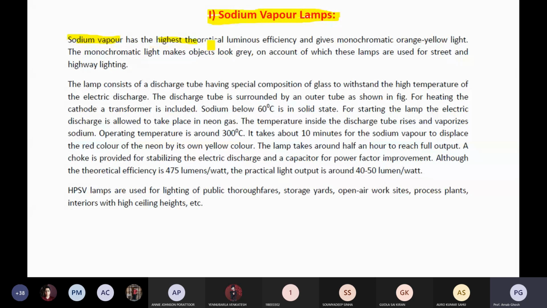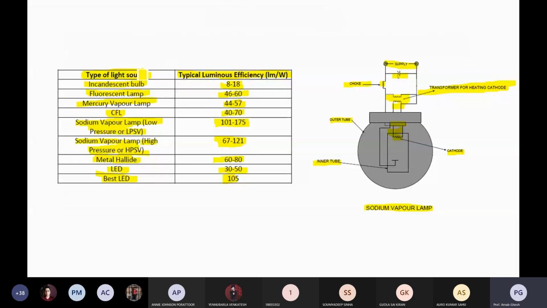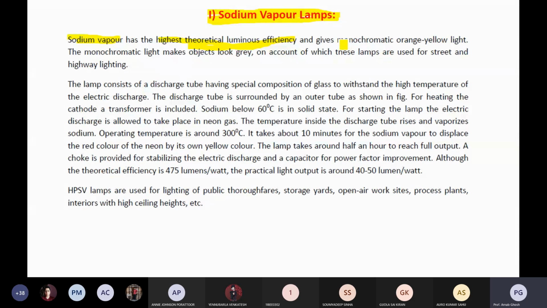Sodium vapor has the highest theoretical luminous efficiency, about 175 lumen per watt. It gives a monochromatic orange-yellow light. Monochromatic light makes objects look gray, so these lamps are usually used for street and highway lighting.